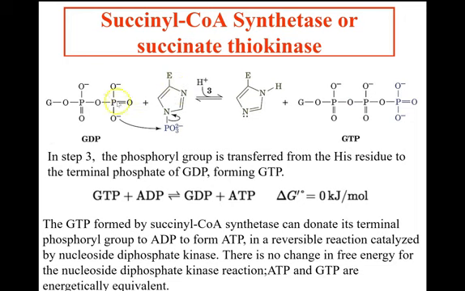But we need GDP again to keep feeding this reaction. And so in order to do that, GTP formed by the succinyl coenzyme A synthetase can donate its terminal phosphoryl group to ADP to end up forming ATP, which is shown right here.